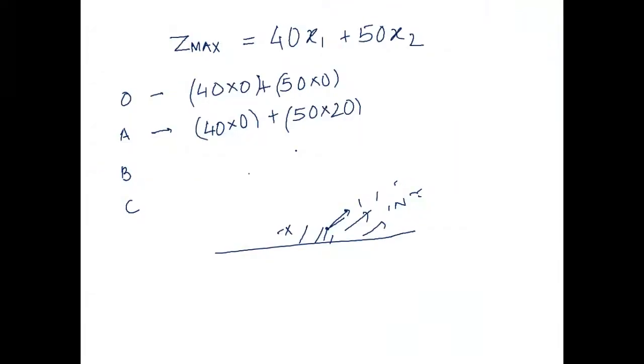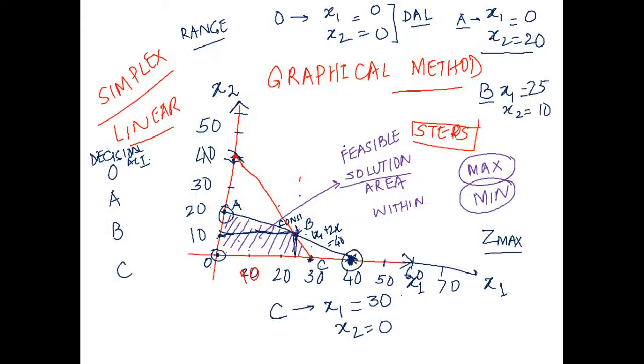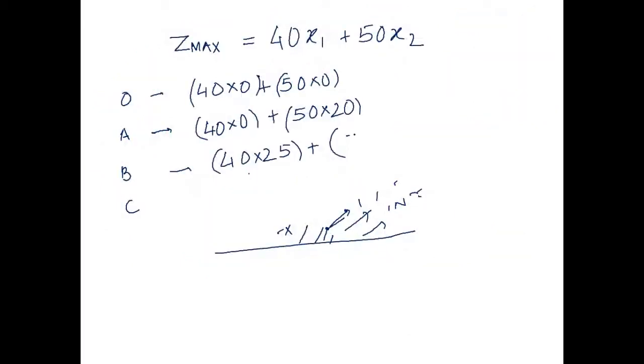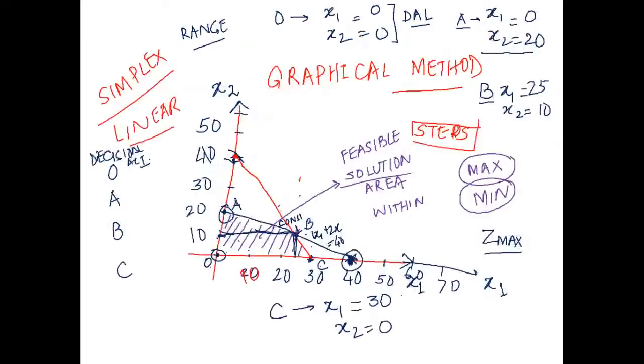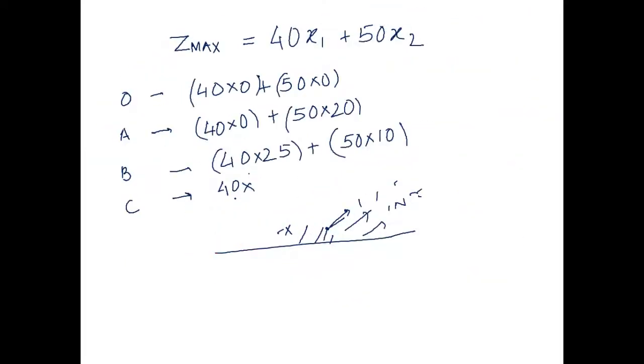At B, the value of x1 is 25, and x2 is 10, so 50 multiplied by 10. And at point C, the value of x1 is 30, and x2 is 0, so 50 multiplied by 0.